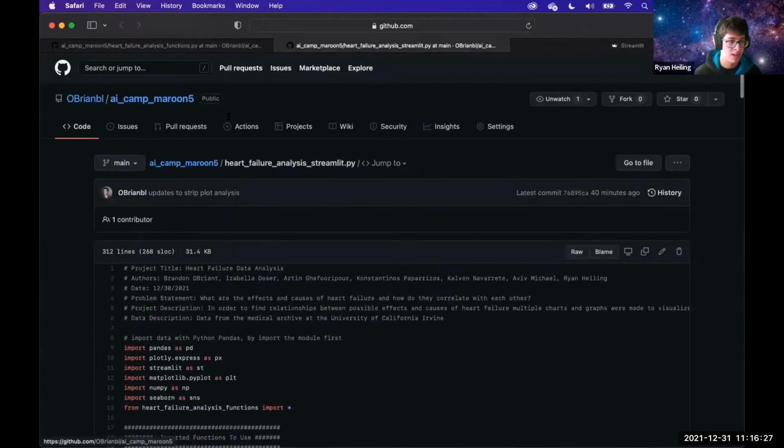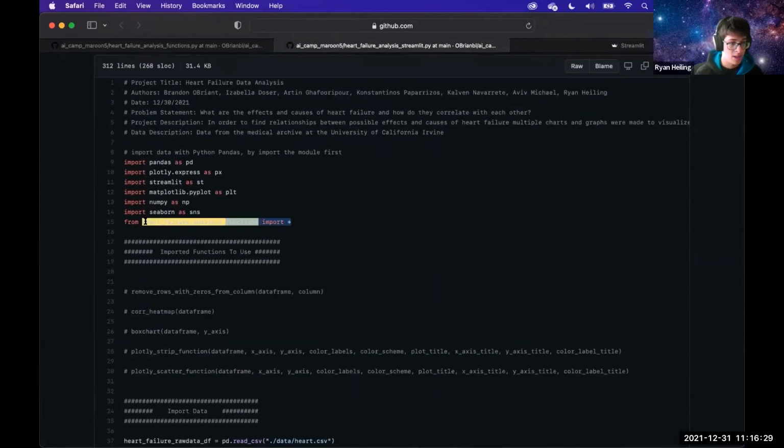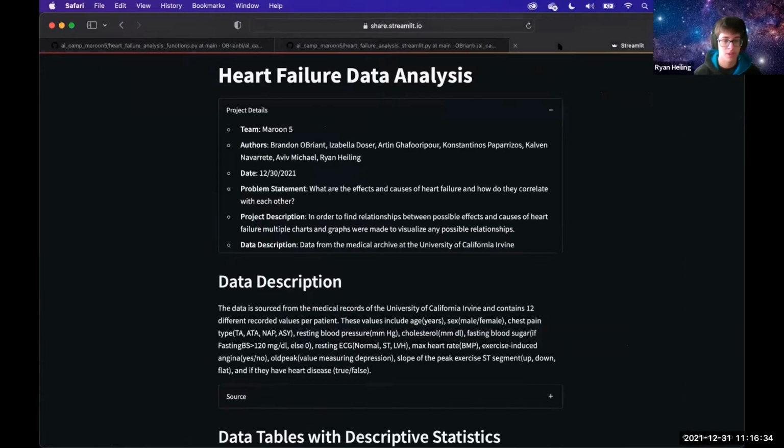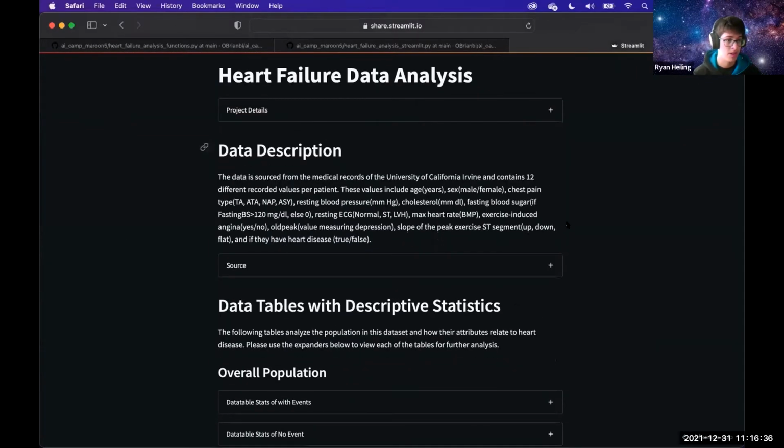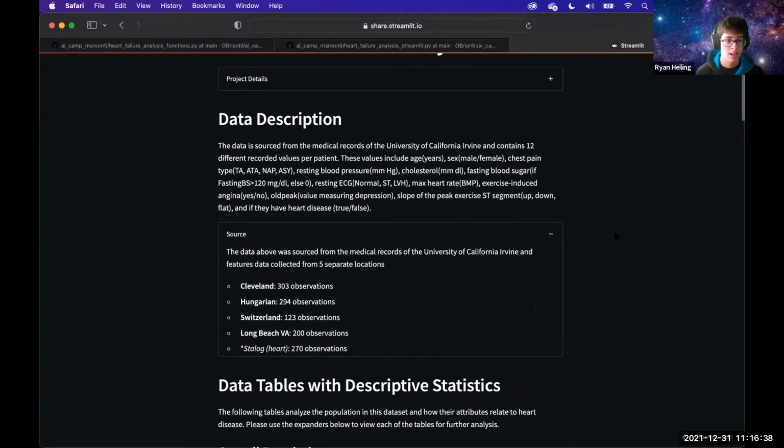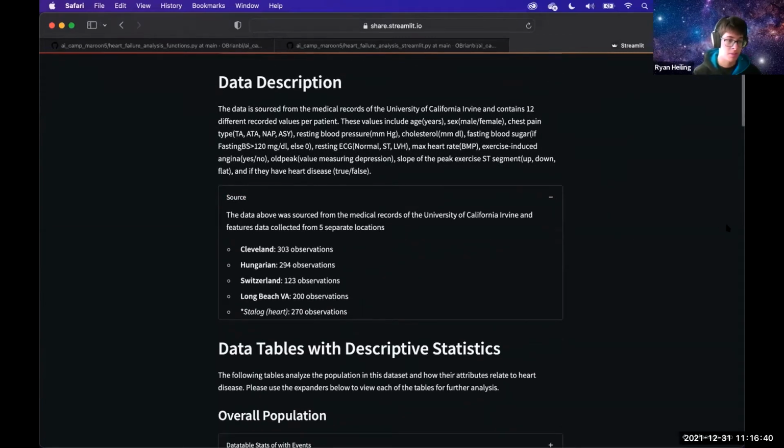Moving on from there, as to our actual data, our data was sourced from the medical records of the University of California, Irvine, and it revolves around heart failure data. It contains 12 different recorded values per patient.